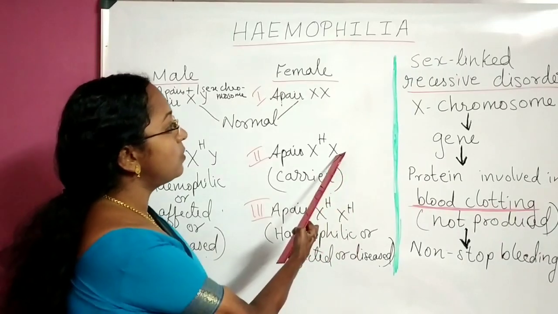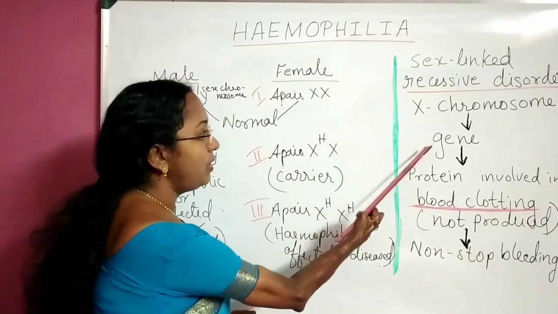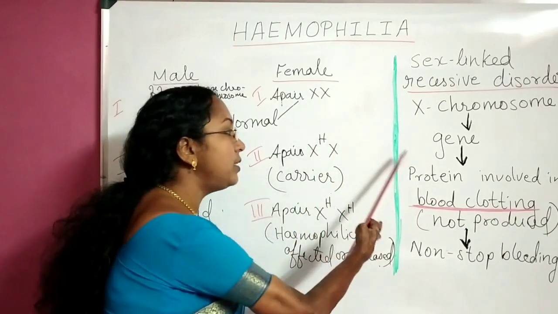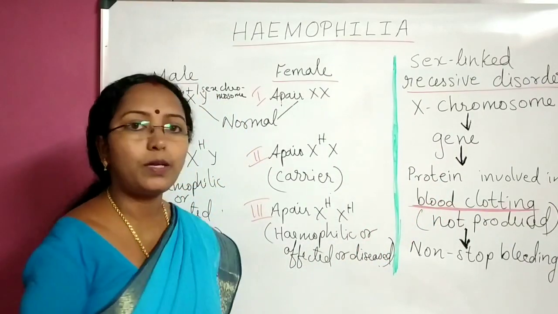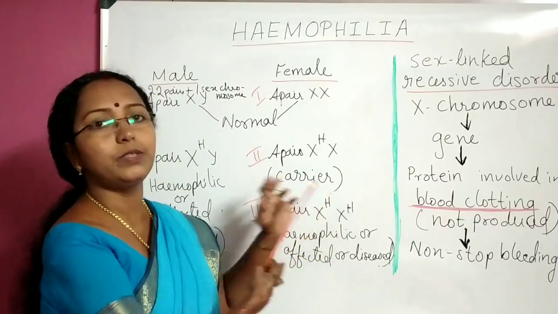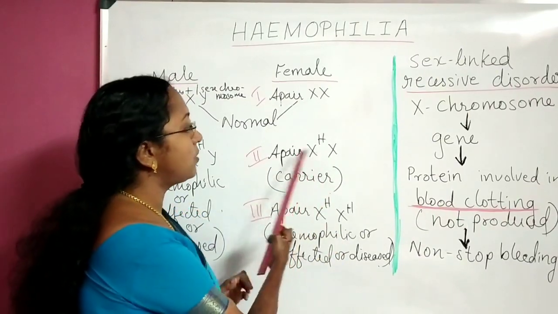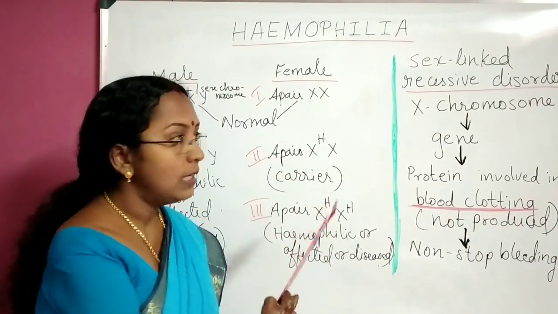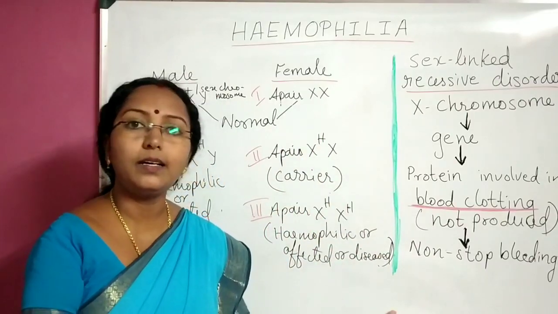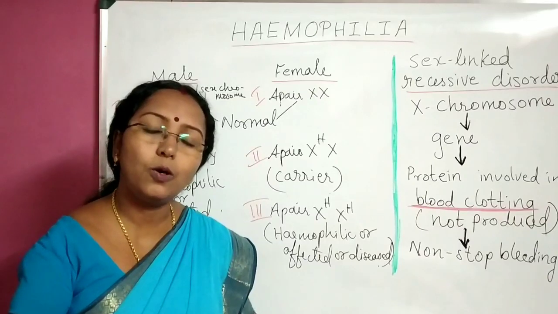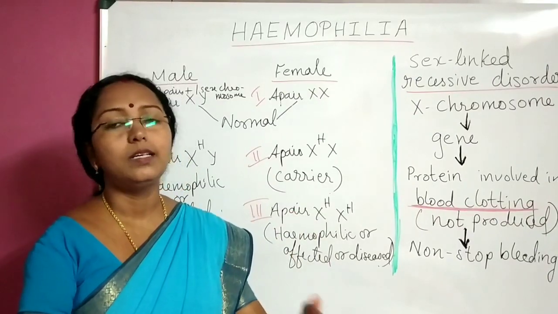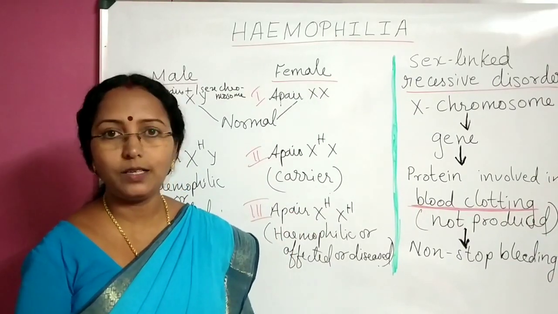The other X chromosome has the gene, and that gene is functional also. So the protein involved in blood clotting will be produced in this individual. Even though one X chromosome is not producing, the other X chromosome is there to compensate for it. That means the other X chromosome is normal, it is producing the protein, so the blood will naturally clot.